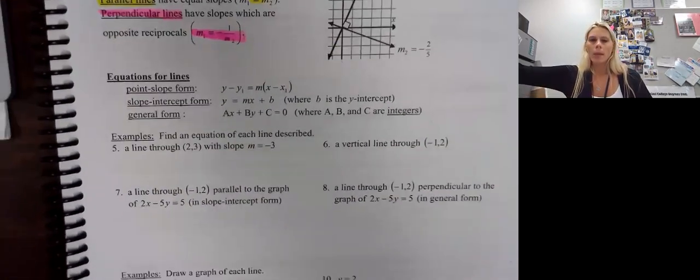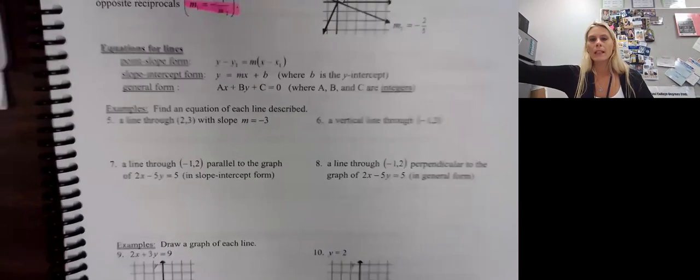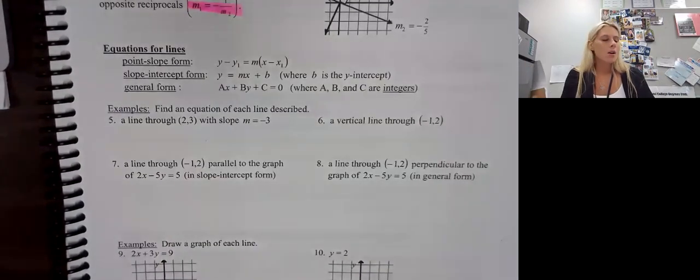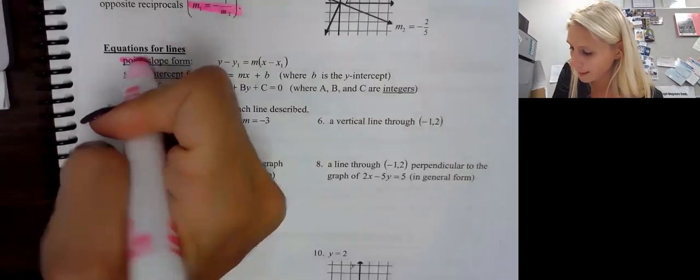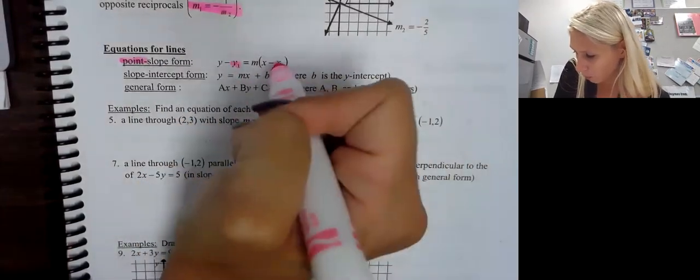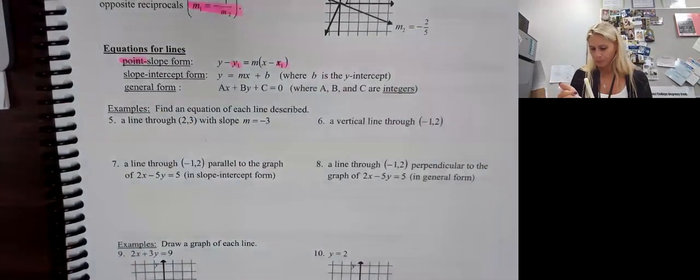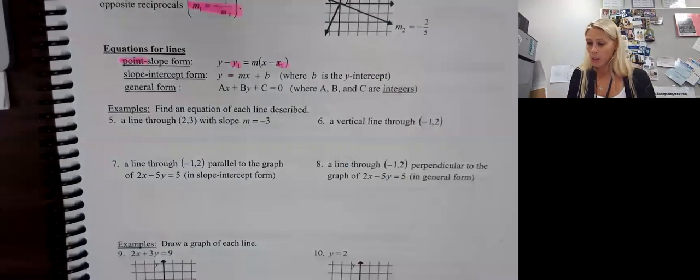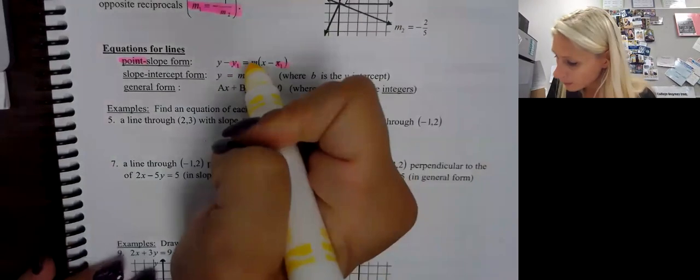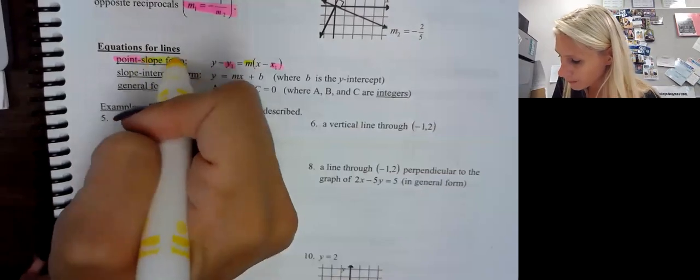Other vocab that we need to know, the types of lines that we can make. We are used to this point slope form. The reason why it's point slope is the point is the y1 or x1, y1. And the slope is the m.